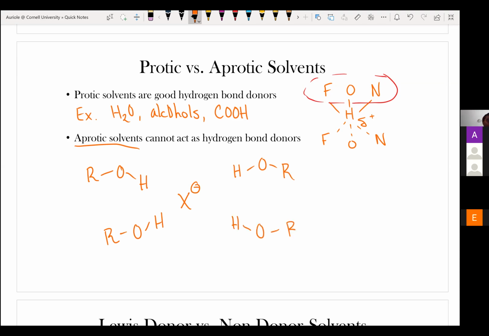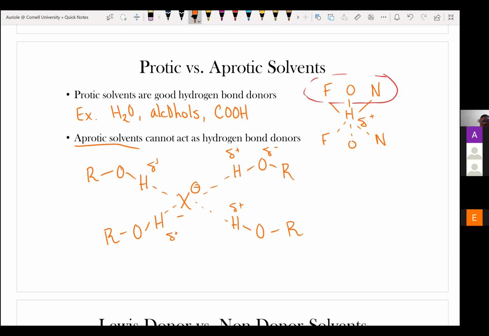And so our oxygens are going to be partially negative with our hydrogens as partially positive. And so what you can imagine is, based on what kind of halide this is, we're going to be forming either hydrogen bonds, or we're going to be forming these dipole-dipole interactions.